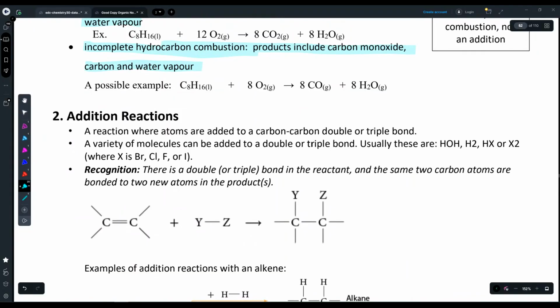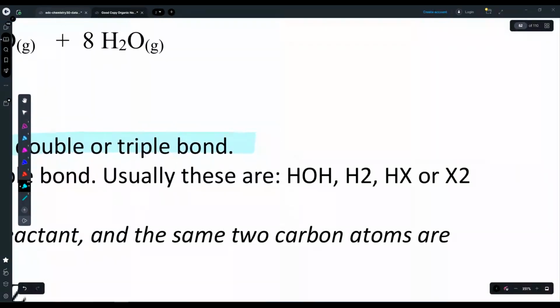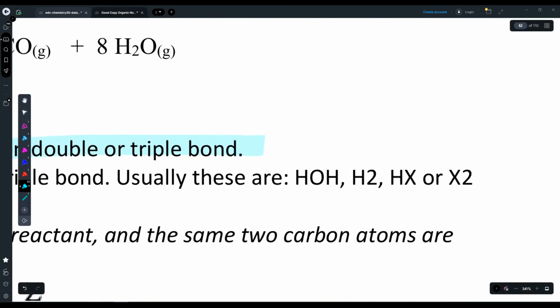Okay, so atoms are added to a carbon-to-carbon double or triple bond. A variety of molecules can be added to a double or triple bond, but usually the ones we see are going to be water, hydrogen, HX, and X2. HX just means hydrogen with some sort of halogen, so fluorine, bromine, iodine, chlorine, something like that.